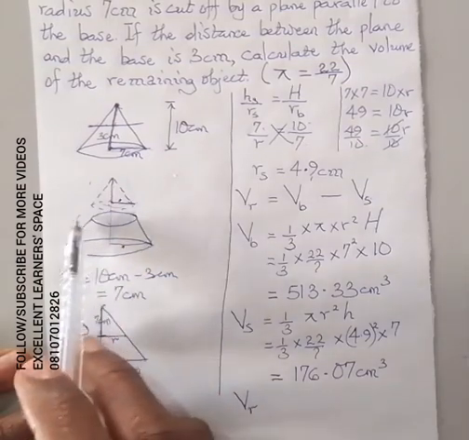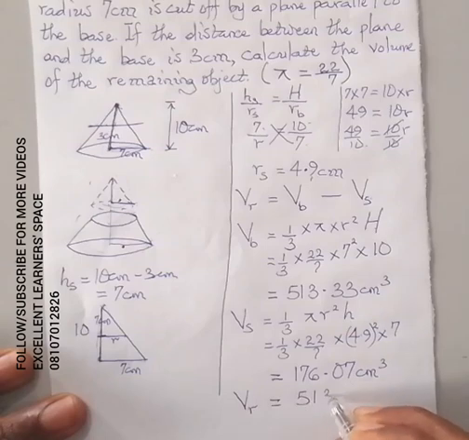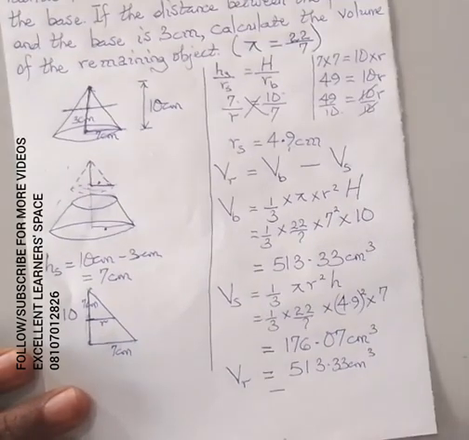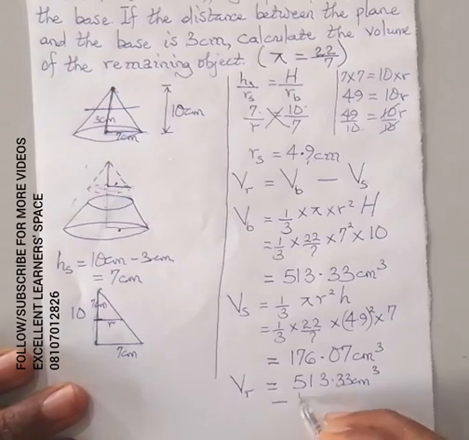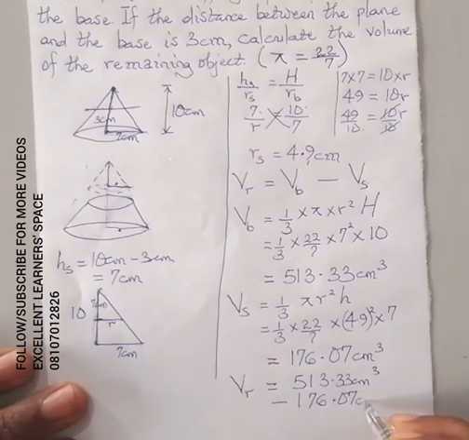Now, what will be the volume of the remaining part? This bottom part, we call it the frustum of a cone. That will be the volume of the bigger cone, which is 513.33 centimeter cube, minus 176.07 centimeter cube.